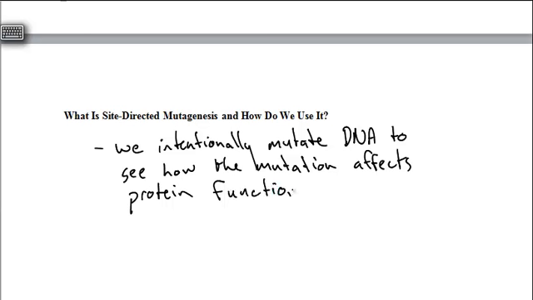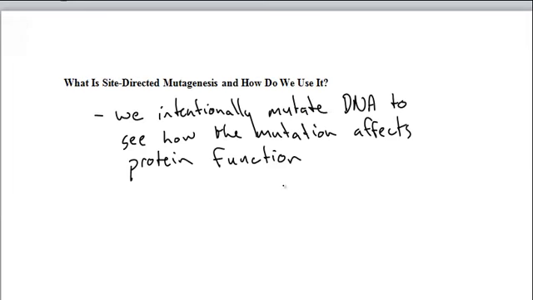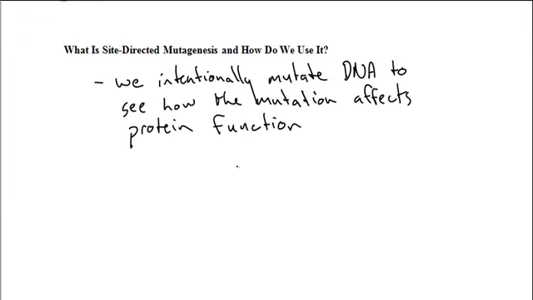We may suspect a protein or a part of a protein is important for doing something, and we can mutate it and see how it affects the function.